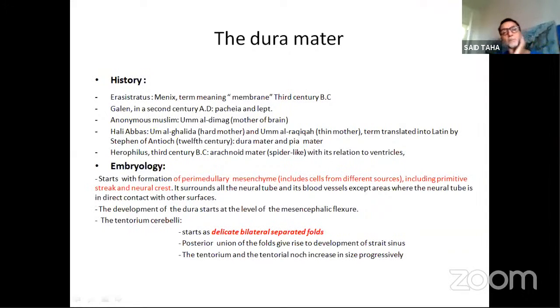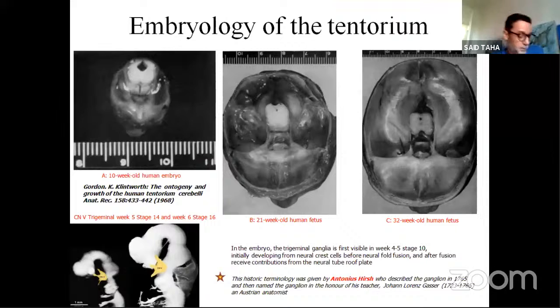The dura mater starts with the formation of perimeter mesenchyme, including primitive streak and neural crest. It starts as delicate bilateral separated folds, and this is the embryology here.